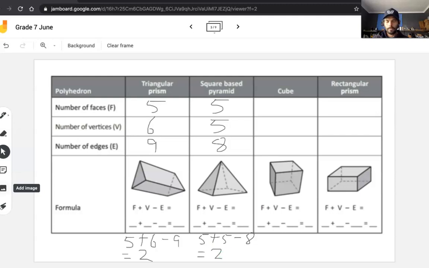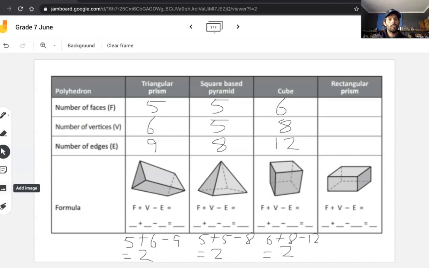Again, let's have a look at the cube. The number of faces in a cube is 6. The number of vertices is 8. Okay? And the number of edges is 12. So if I said 6 plus 8 minus 12, that again is equal to 2. I'm hoping you guys are starting to make the connection here.